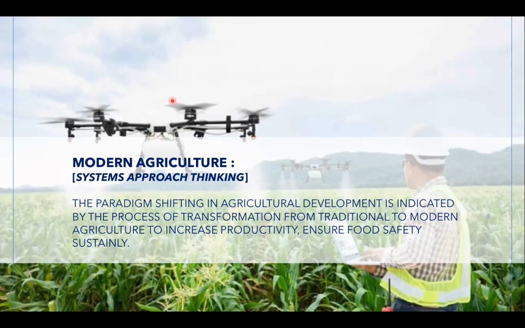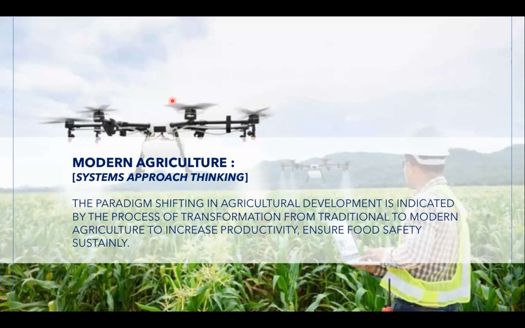The paradigm shift in agricultural development is indicated by the process of transformation from traditional to modern agriculture. What is important here is not only how to increase productivity quantitatively, but also sustainability.